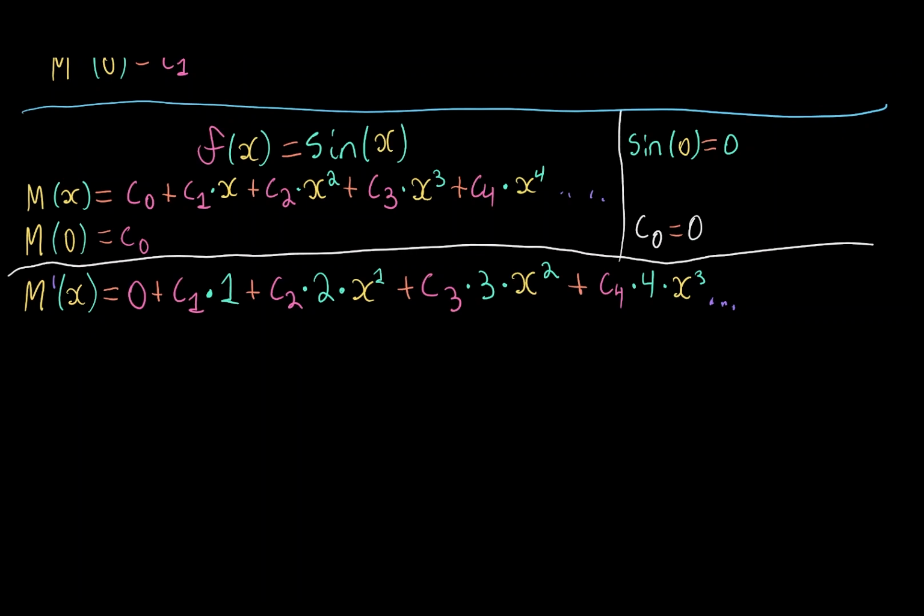Okay, running kind of out of space here, but that's fine. So the derivative of sine of x is equal to cosine of x. That's our first derivative. And since it's centered around 0 here, what is cosine of 0?